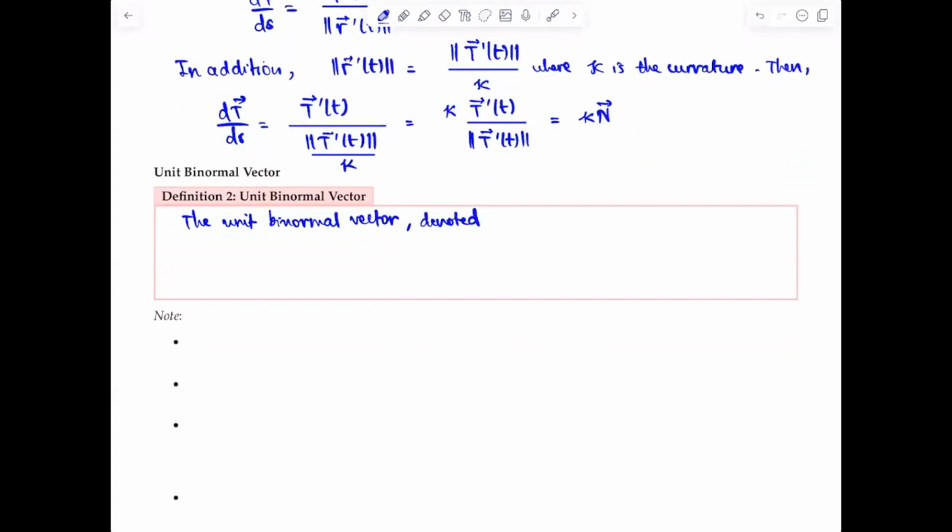The unit binormal vector, denoted as capital B, is defined to be B equal to T cross N. Since T is a unit vector and N is a unit vector, therefore B is also a unit vector.